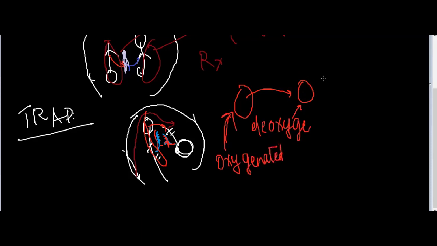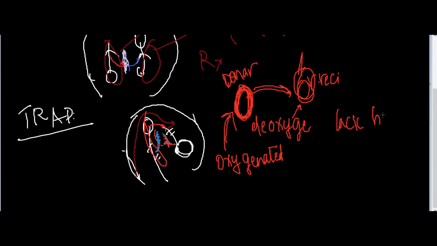Even here there is a placenta by which it receives oxygenated blood, but this blood goes to the donor twin, and from there it reaches the recipient twin, right? So this recipient twin, because deoxygenated blood is reaching it, will lack a heart and other structures.